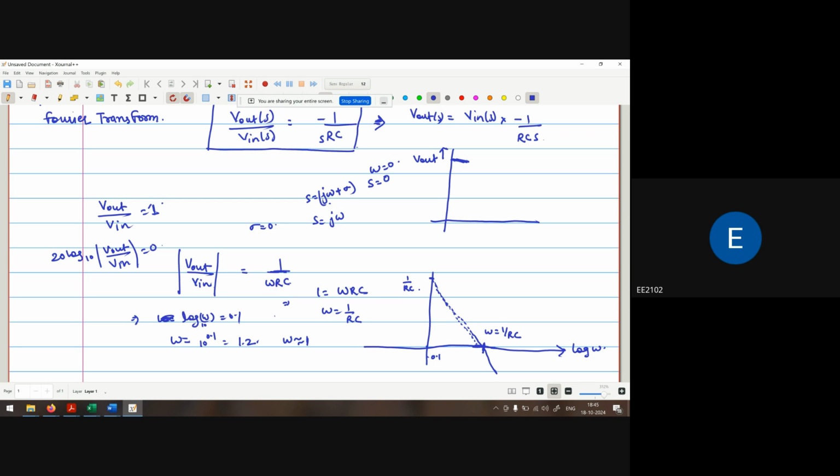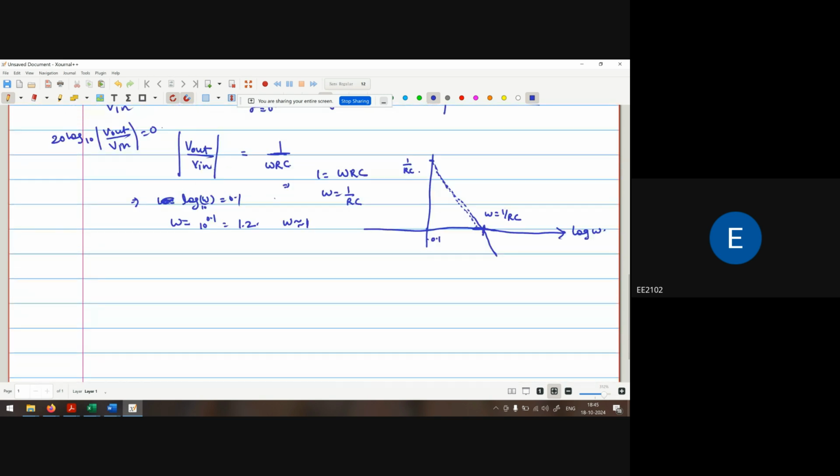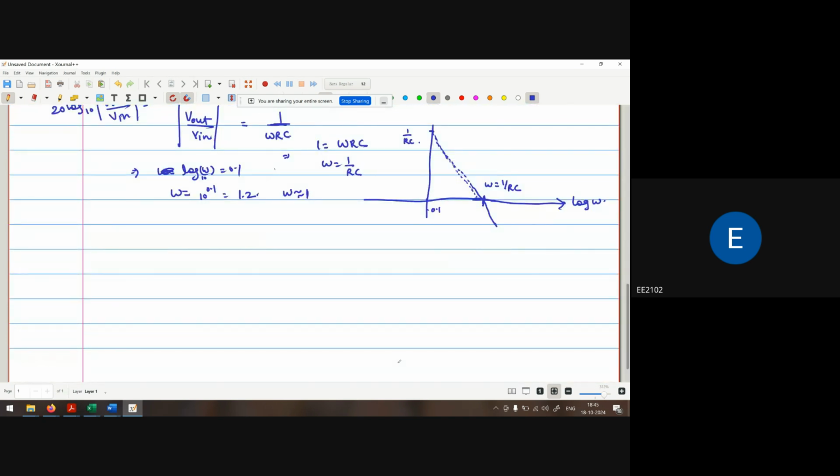Basically, the reason is that V out is equal to minus 1 upon RC times the integration of V in. So the value will be infinite, or basically open loop, when 1 upon RC becomes approximately zero.